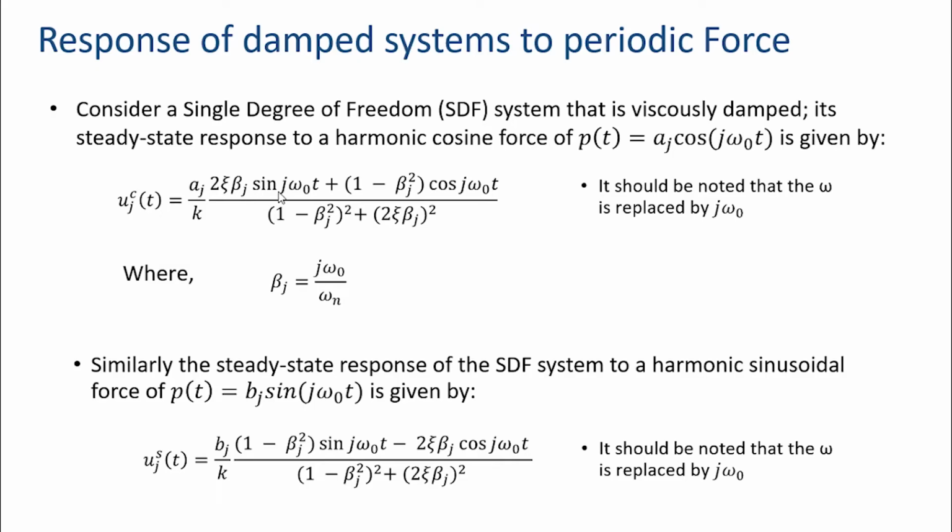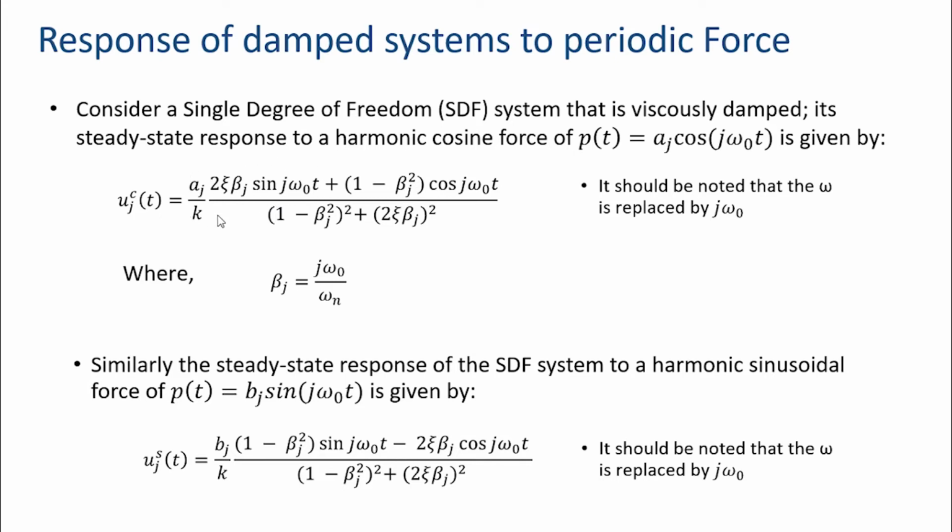For that particular harmonic, the forcing frequency is j omega naught, and omega n is the natural frequency. So this is equivalent to our omega by omega n term, that is the frequency ratio.